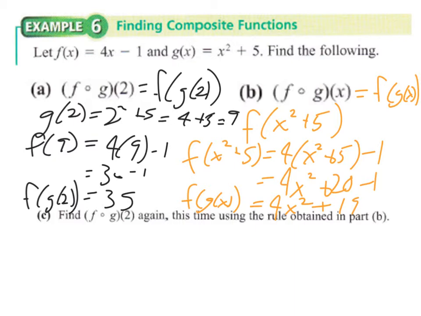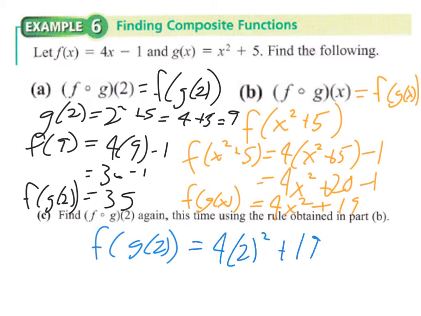Now they ask me to go ahead and find f of g of 2 again, except now using the rule that f of g of x is 4x squared plus 19. So for f of g of 2, now I plug my 2 in for the x here, so I plug it in for my 4x squared. So 4 times 2 squared plus 19.